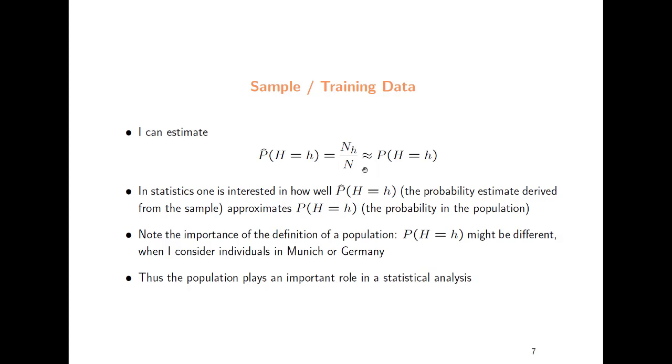Thus, the population plays an important role in statistical analysis, and you have to be aware of it. Ideally, as we've discussed here, you pick your data points or your sample completely randomly. If you don't do it randomly, then you may introduce a bias in your analysis.